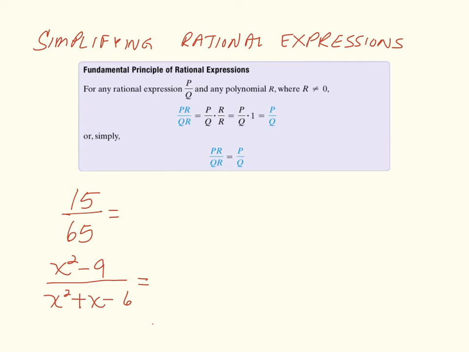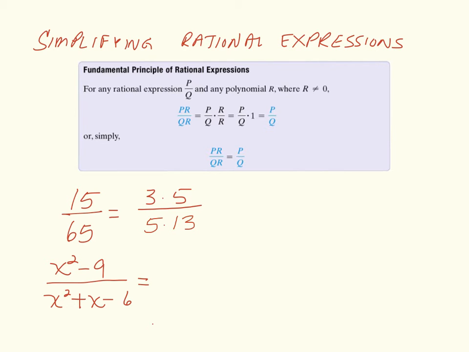Okay, so in other words, let's look at a simple example of 15 over 65. You probably will understand it if we write 15 as a product of prime numbers. So 15 is 3 times 5. 65 is 5 times 13.